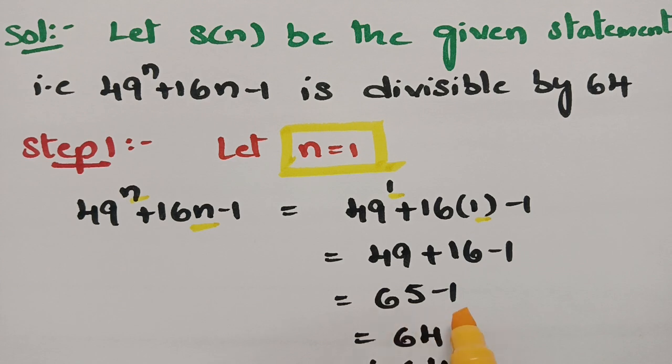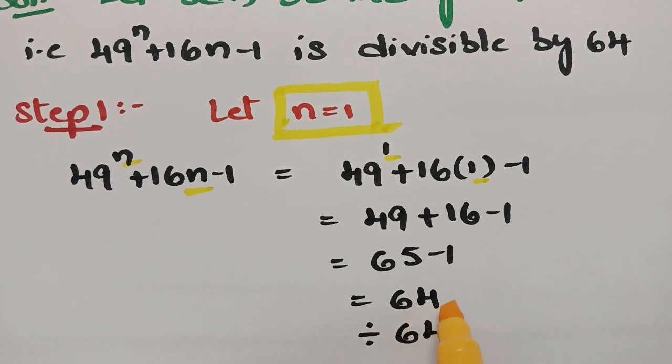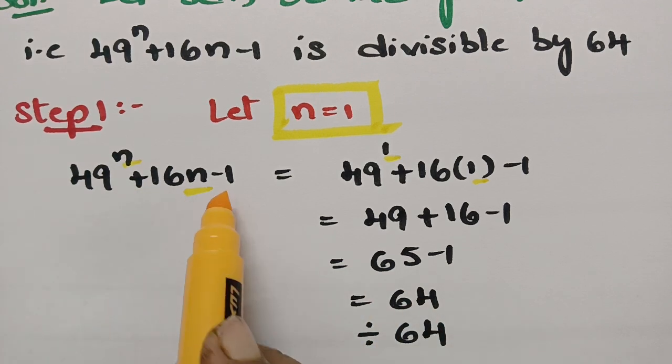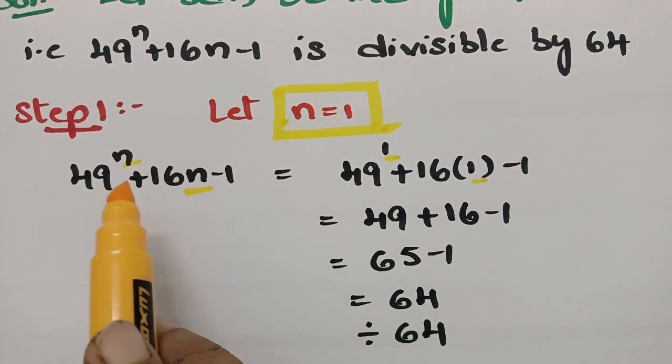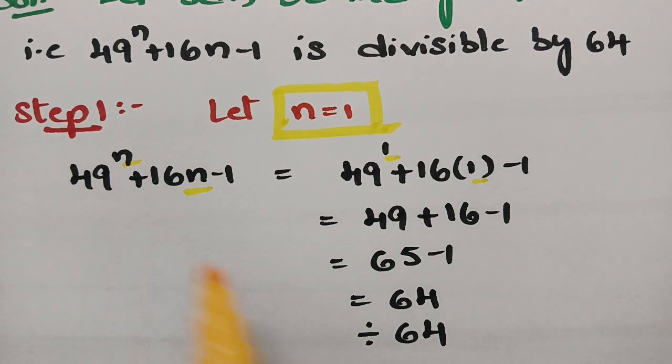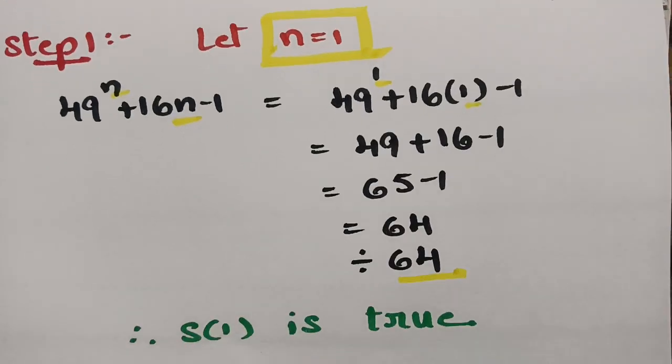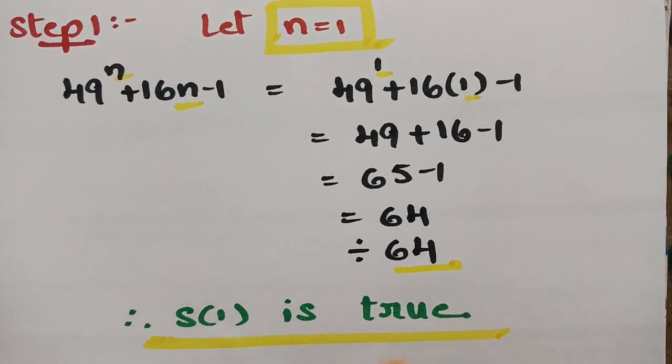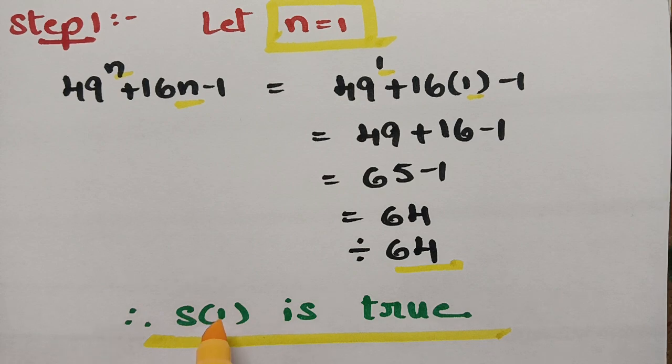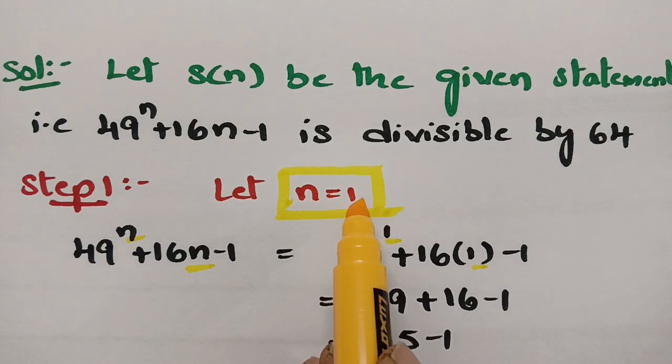So this is 65 minus 1, which is equal to 64. This 64 is divisible by 64. Therefore, the given statement is true when n is equal to 1. So S(1) is true.